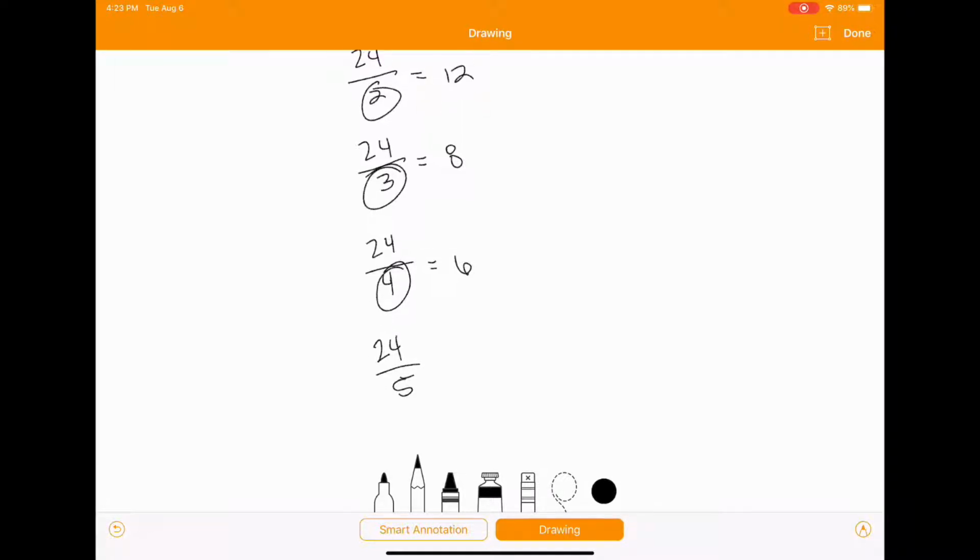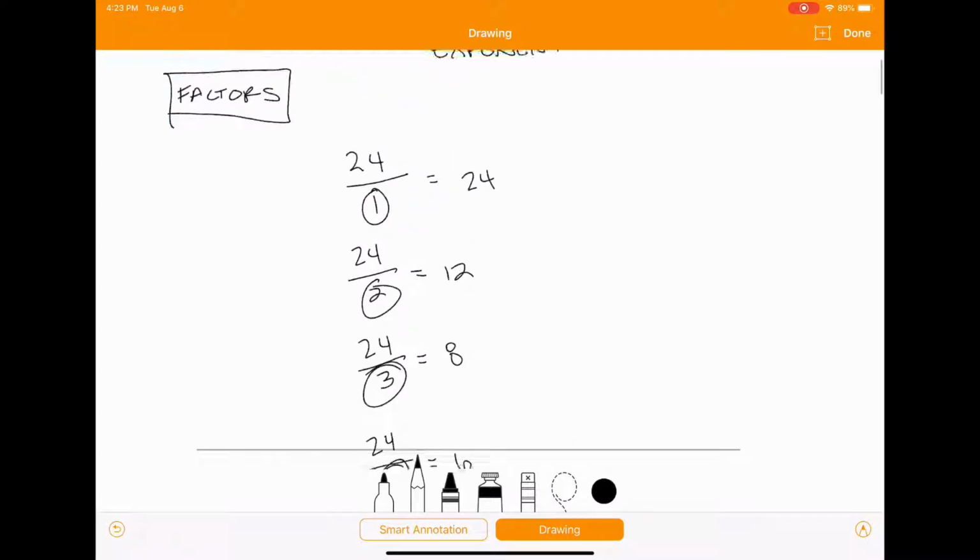However, when you divide by 5, you do get a decimal. So 5 is not a factor, and so on. So that's what a factor is.